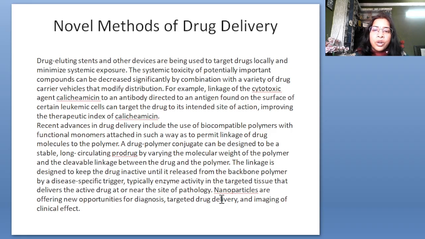A drug-polymer conjugate can be designed to be a stable, long-circulating prodrug by varying the molecular weight of the polymer and the cleavable linkage between the drug and the polymer.